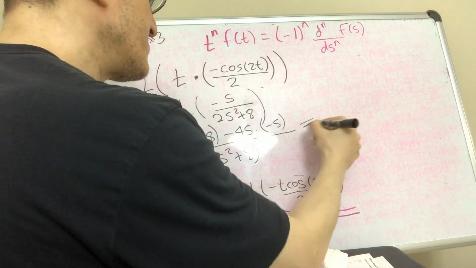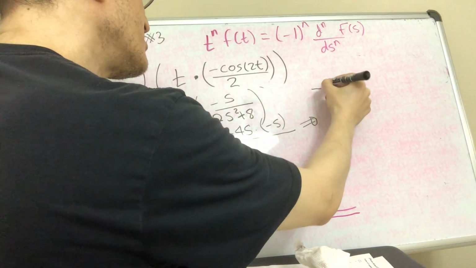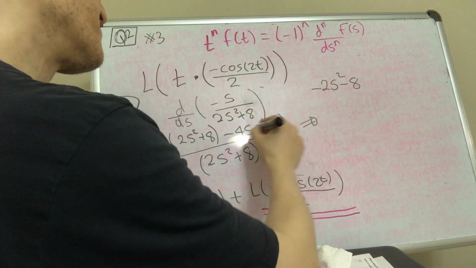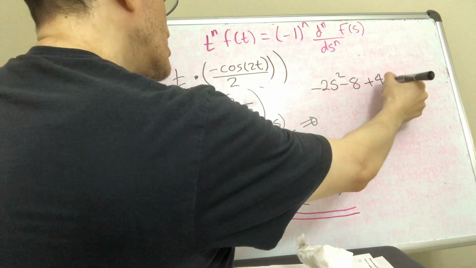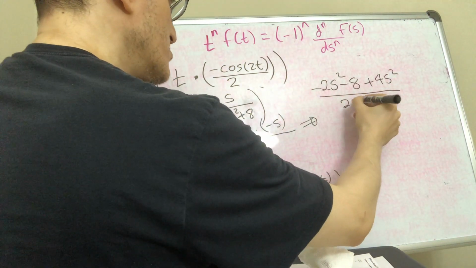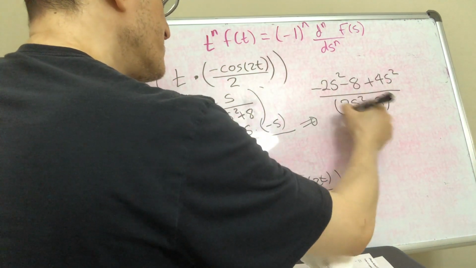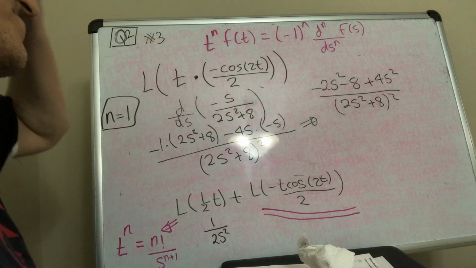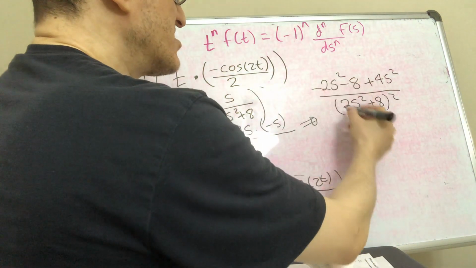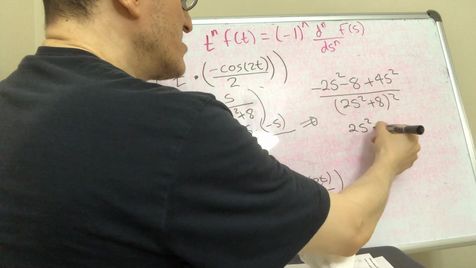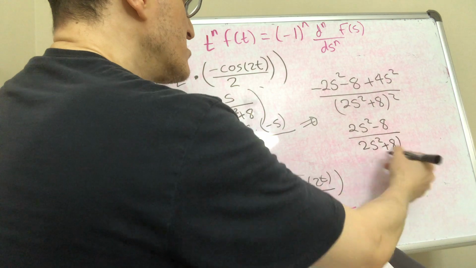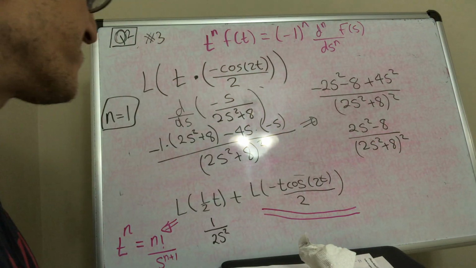Now take the negative inside, minus 2s squared minus 8 plus 4s squared over 2s squared plus 8 squared. Four s squared minus 2s squared, that's 2s squared minus 8 over 2s squared plus 8 squared.